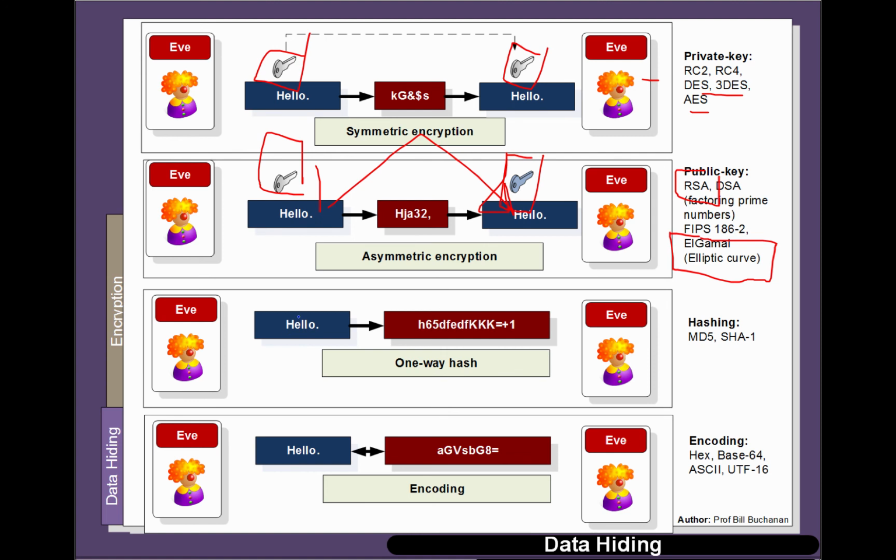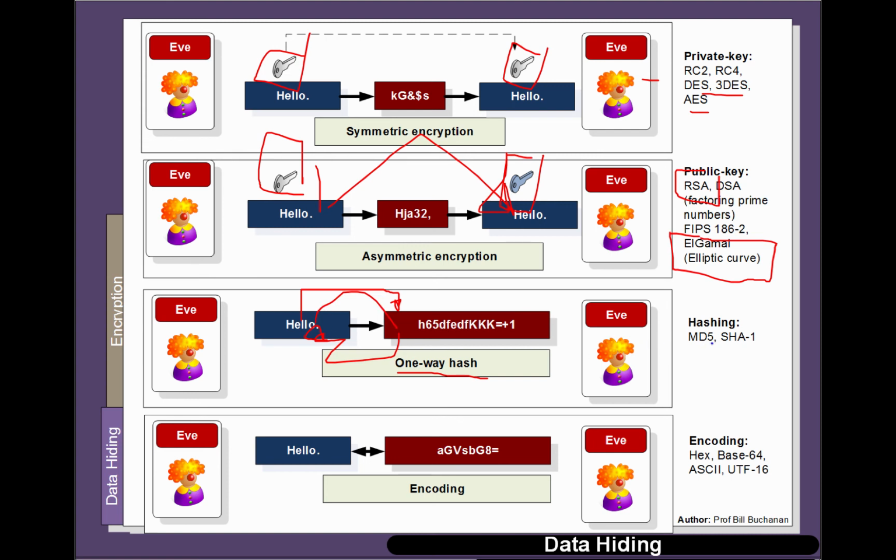Then we have hashing functions, which are one-way functions. It shouldn't really be easy to reverse it from the hash back to the original data, so we define this as a one-way function. Unfortunately, these suffer from rainbow tables, where an intruder can build a whole table full of the hash values and then reverse that back again.